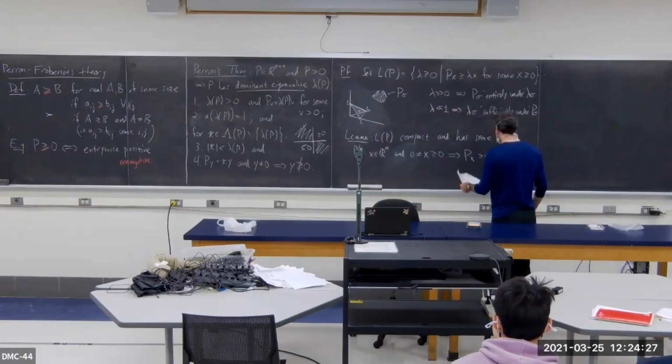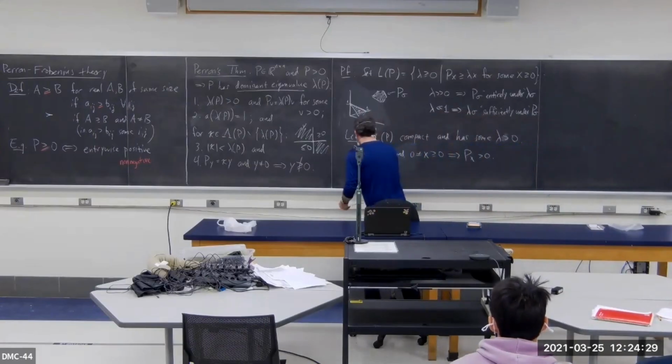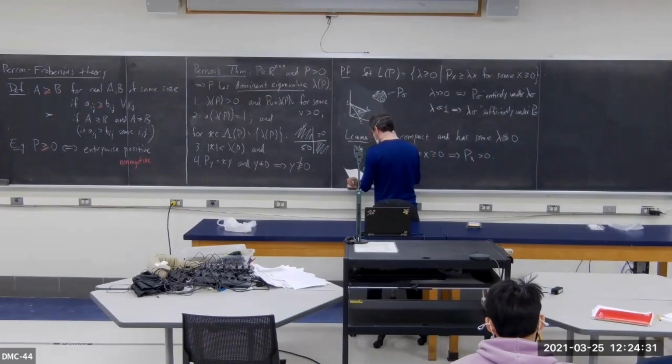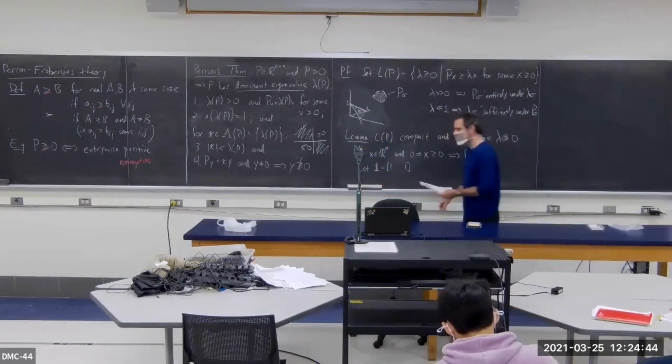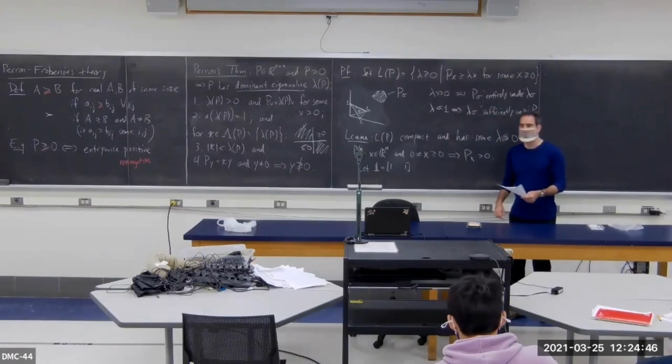Okay, so now, why are we looking at this simplex over here? Okay, this is for Garrett. So let's let 1 be the vector of all 1s. This is actually a row vector of all 1s.